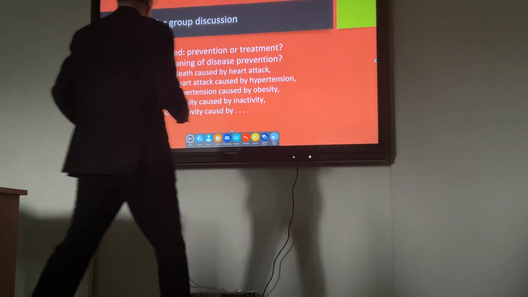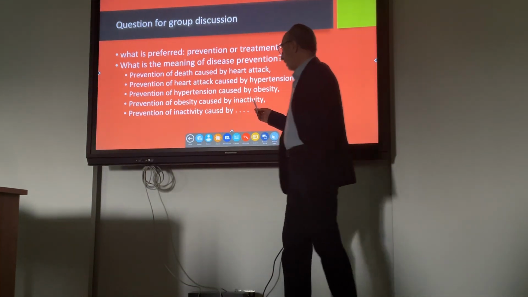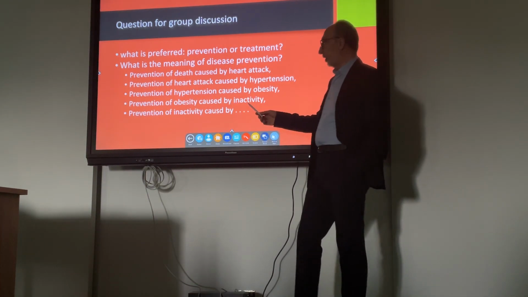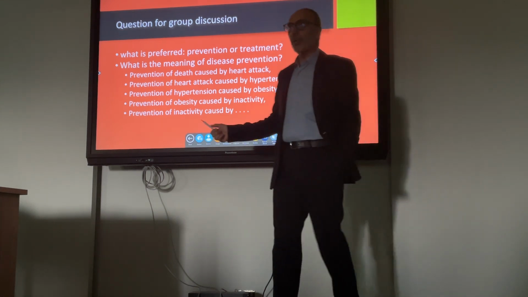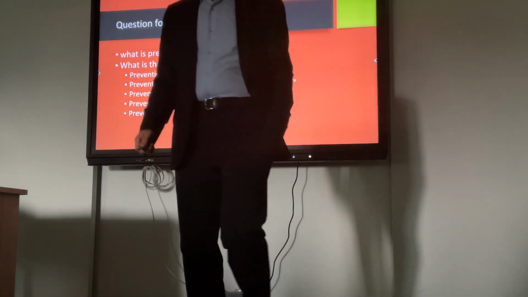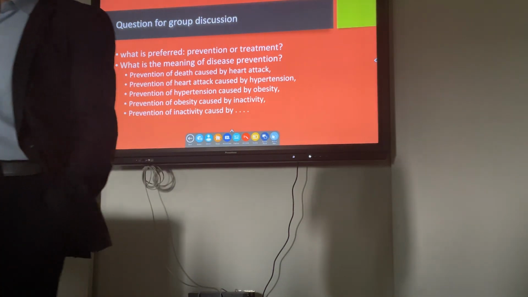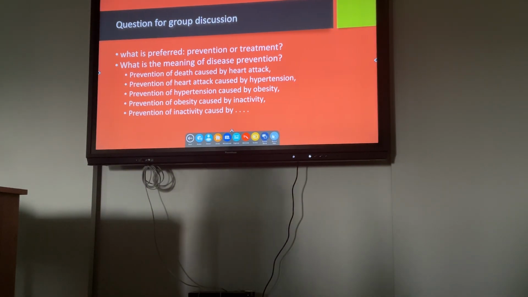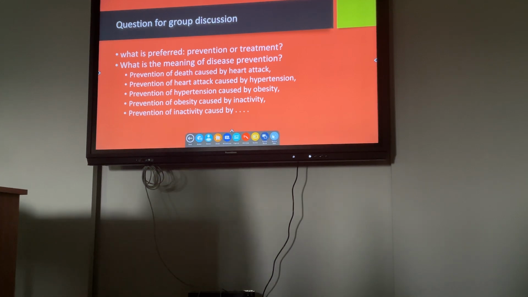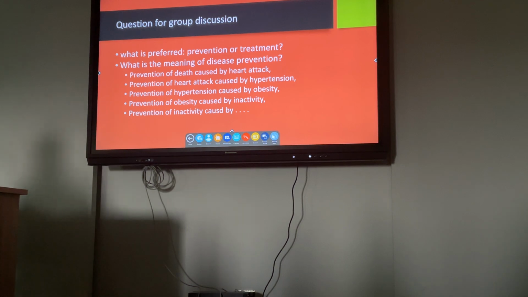Prevention of obesity caused by inactivity. Also primary. Prevention of inactivity caused by sedentary lifestyle. What is sedentary lifestyle? Addiction to mobiles, addiction to tablets, addiction to using the car.